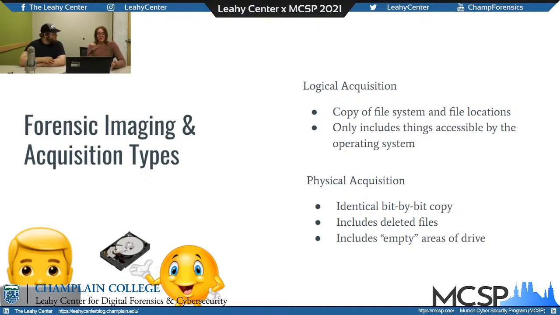It also includes deleted files and anything existing within the slack space or empty areas of a drive. So should somebody try to cover their tracks by deleting things, even just yesterday, if you have a physical image, you can usually go back and look in the open space in a drive and say, that's where the deleted files were, that's how they hid the evidence.